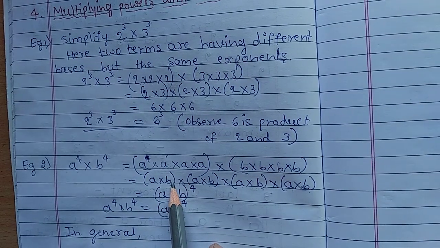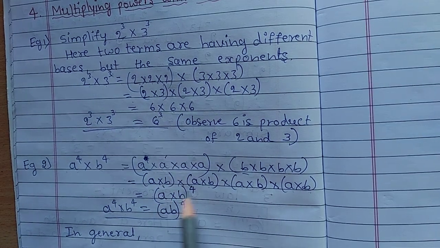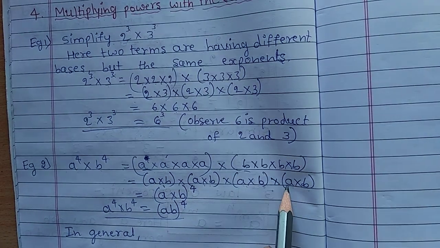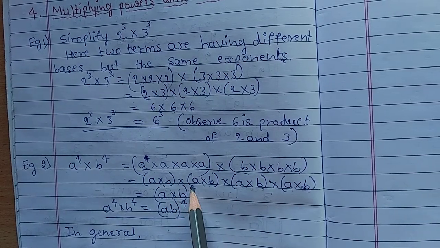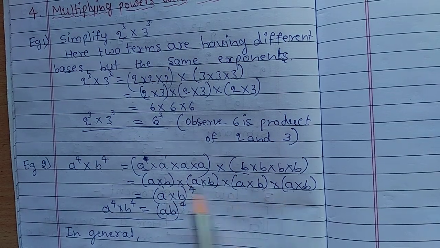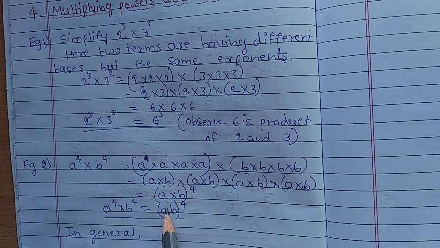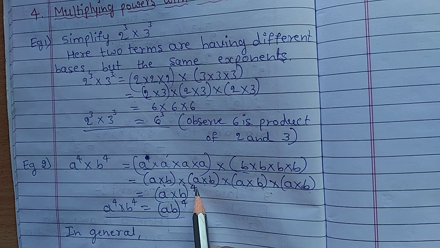So here a into b is multiplied how many times with itself? 1, 2, 3, 4. So can we write it as a into b whole raised to the power of 4? Because here a into b is multiplied with itself 4 times. So I have written it as a into b whole raised to the power of 4.